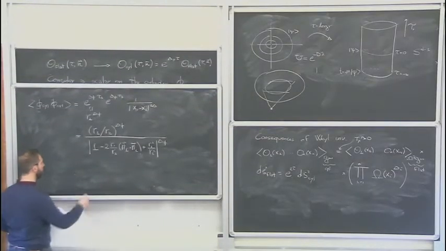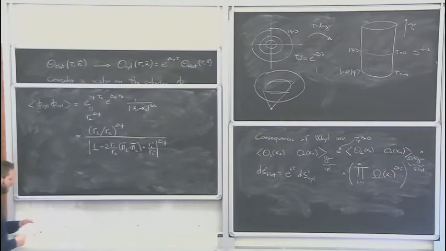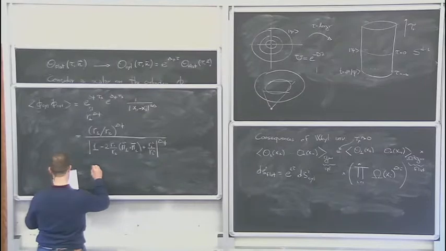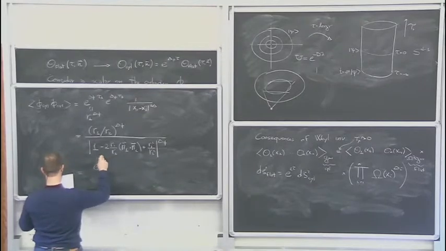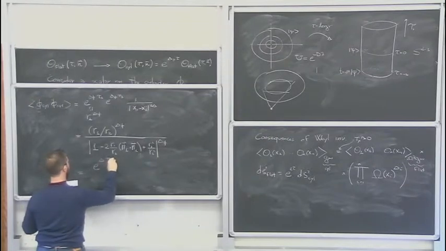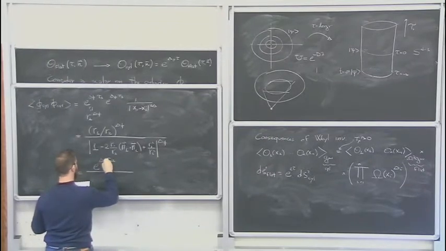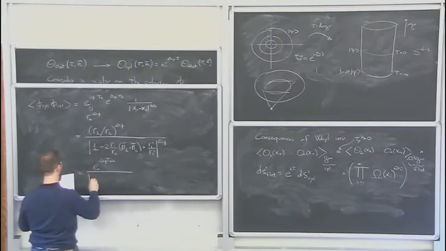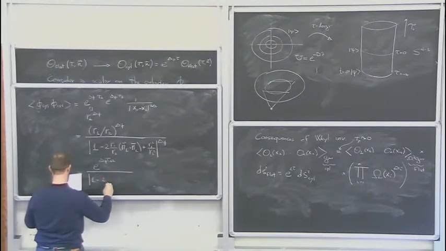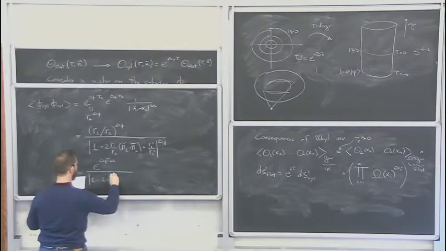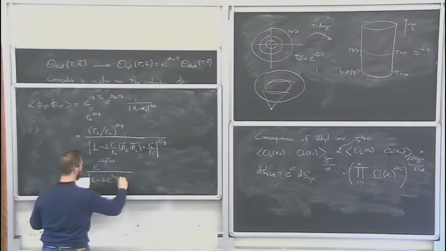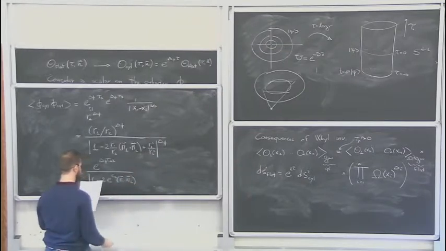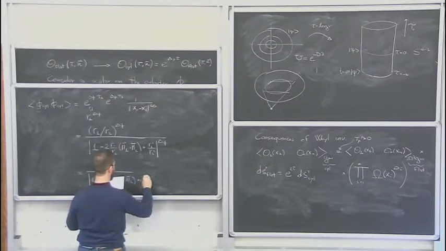And if you now rewrite this in terms of tau, this is simply e^(delta tau_12 delta_phi) divided by 1 minus 2 e^(tau_12) n_1 dot n_2 plus e^(2 tau_12).